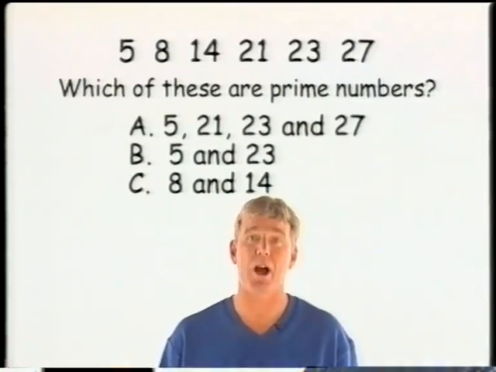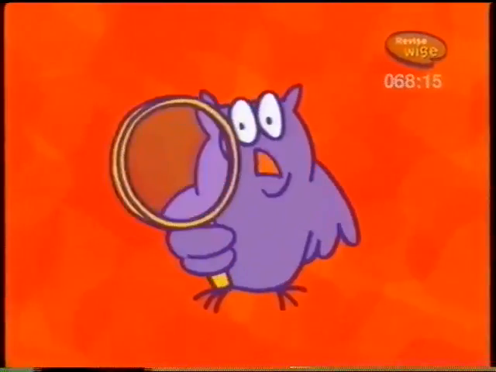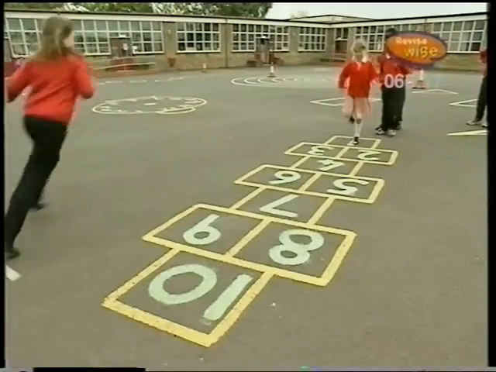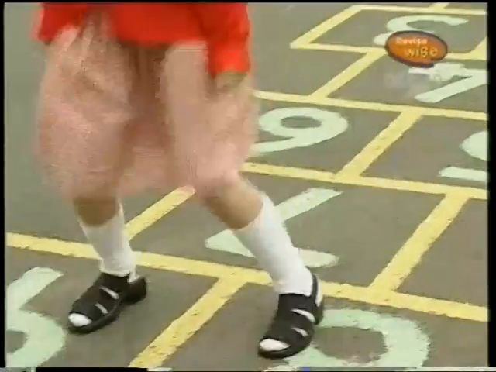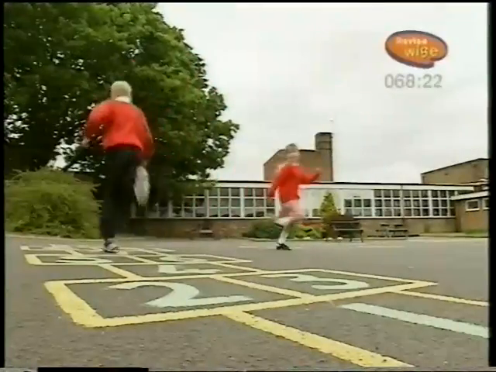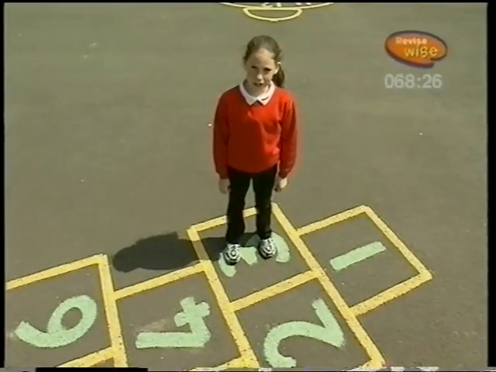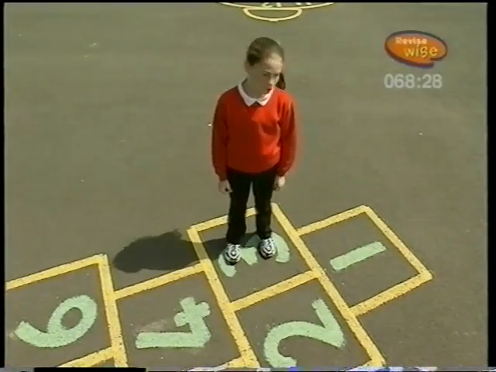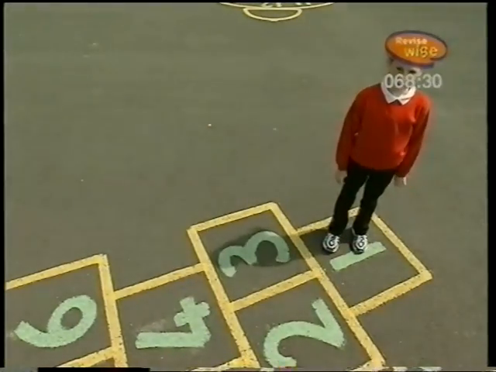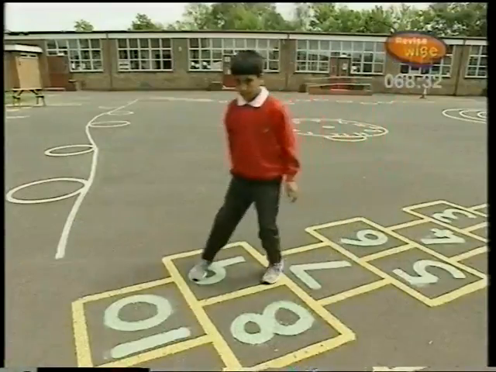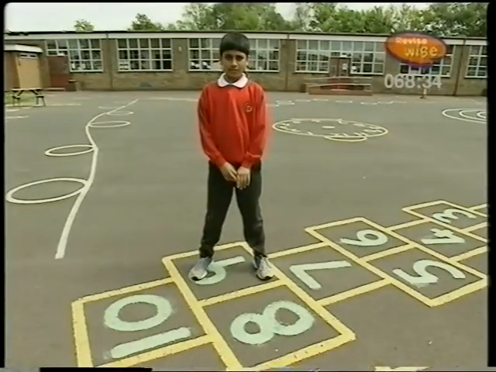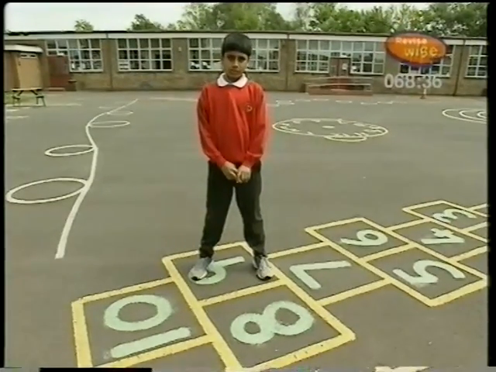Let's get some clues from our maths team. Here they are. A prime number is a number with only 2 factors, itself and 1. A number is not a prime number if other numbers can divide into it.